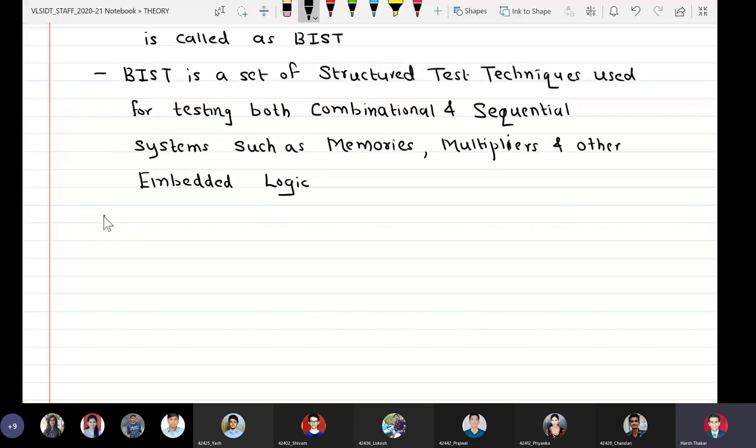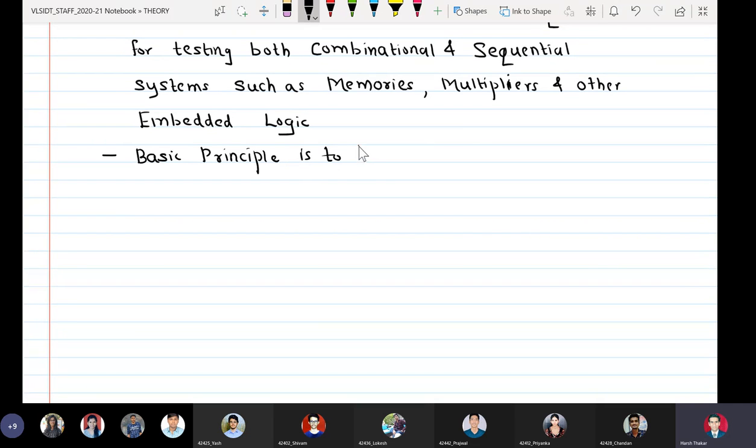Okay, so the basic principle of BIST is this, that the basic principle is to generate test vectors on chip. This is very important. On chip.